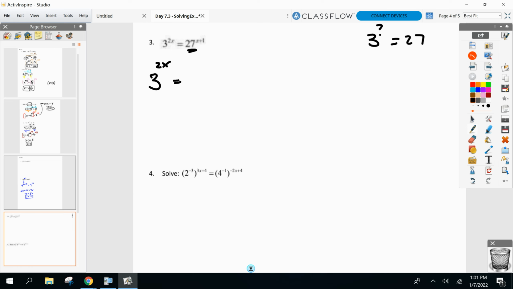Nah. 3 squared? That's 9. 3 to the third? Yes, that's 27. 3 times 3 times 3 is 27. So watch. I'm going to take 27 and replace it with 3 to the third.